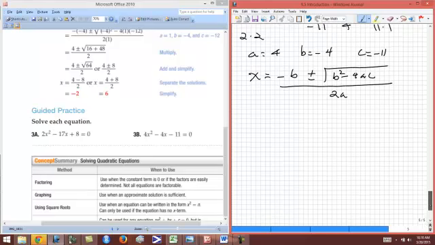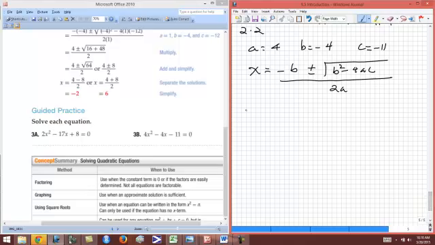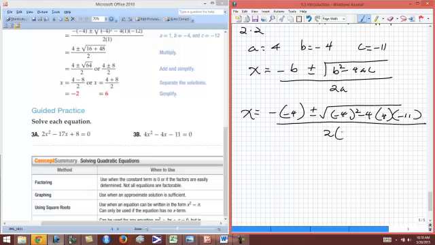Okay, so let's plug in the numbers and go. x equals minus negative 4 plus or minus the square root of negative 4 squared minus 4 times 4 times negative 11, all over 2 times 4. Okay, now let's double check. Minus b plus or minus the square root of b squared minus 4ac, all over 2a.